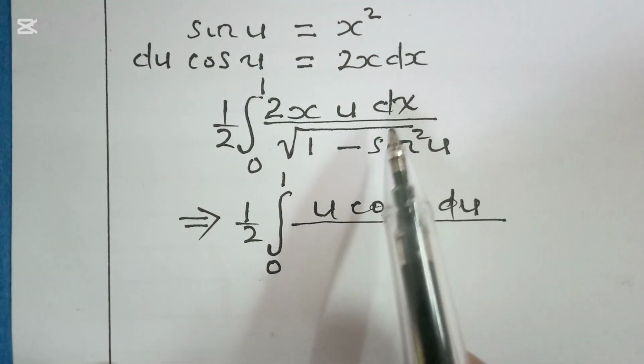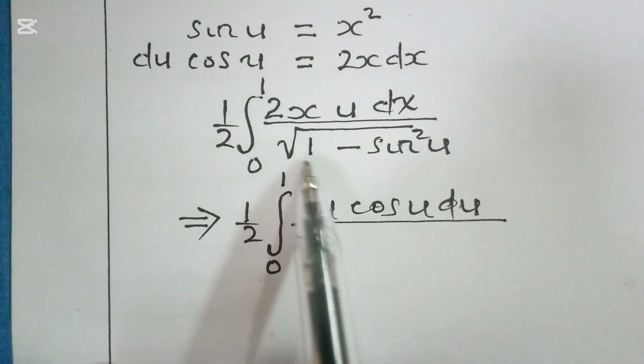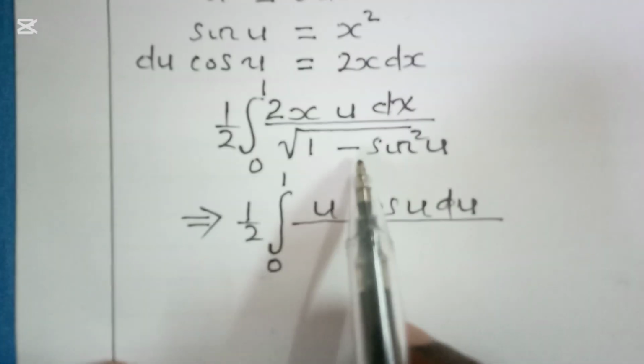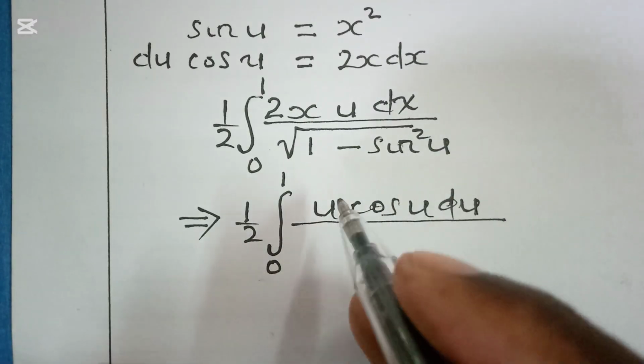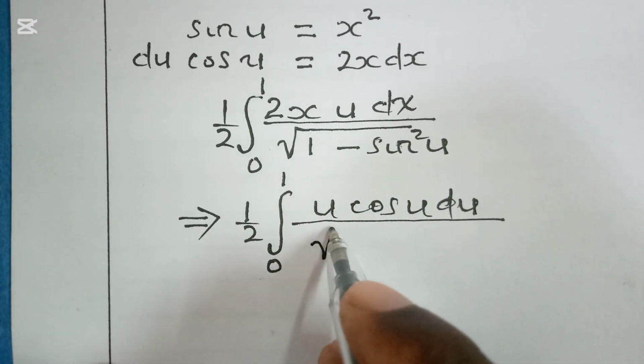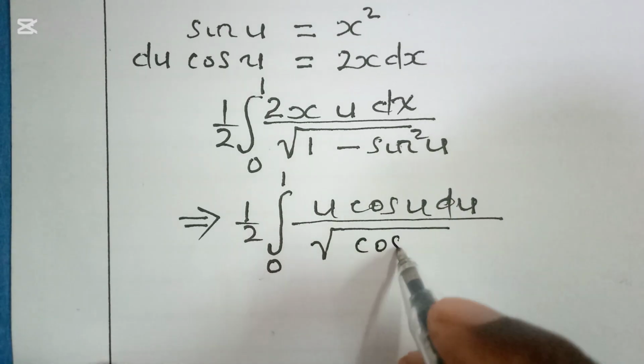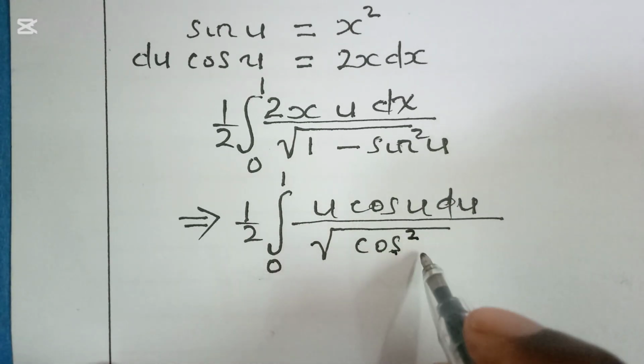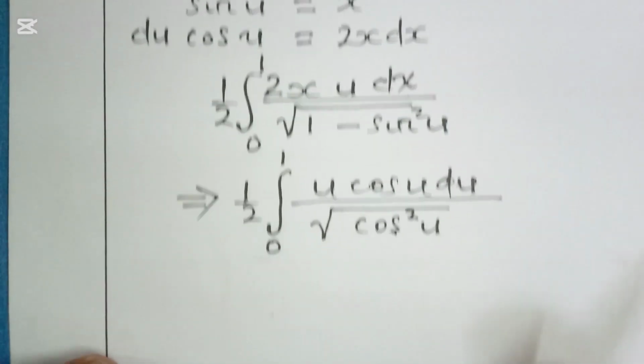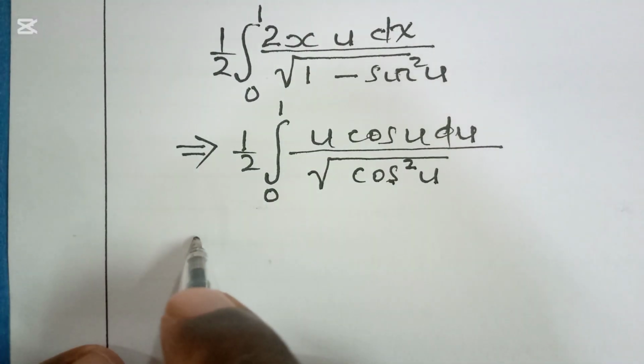I have already replaced my dx. I'll now come at this point, 1 minus sine squared u. According to trigonometry, this one is cos squared u. The square root of cos squared u is actually cos.